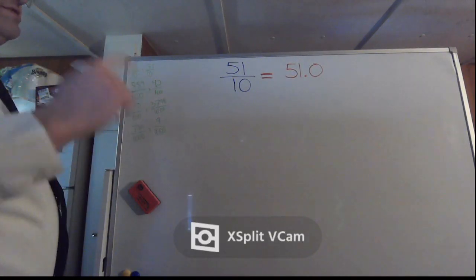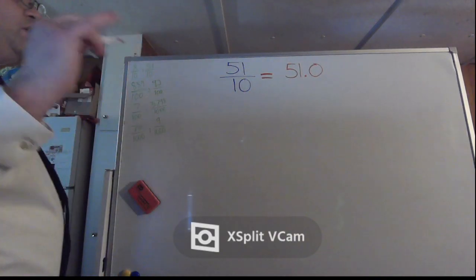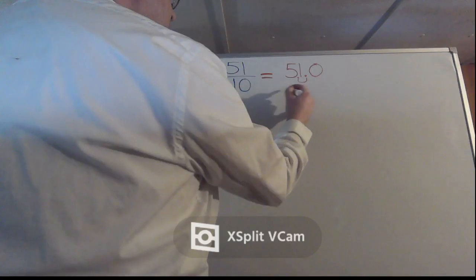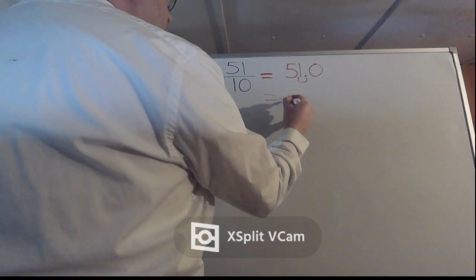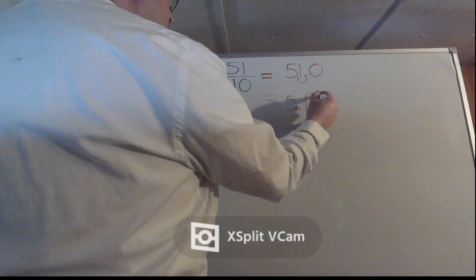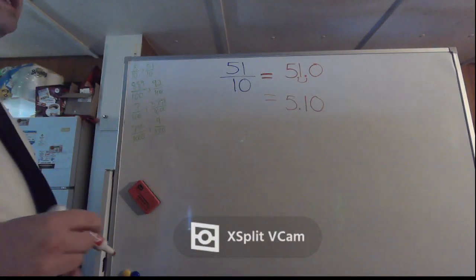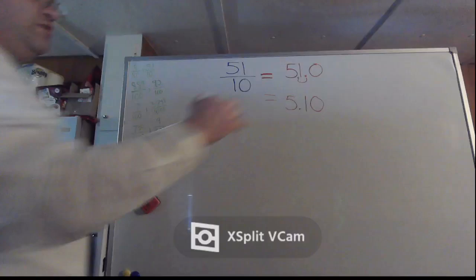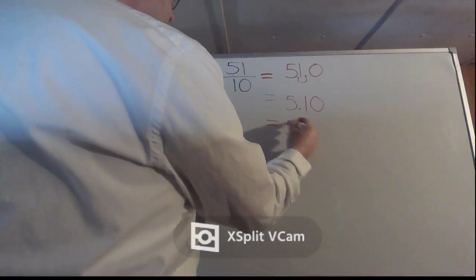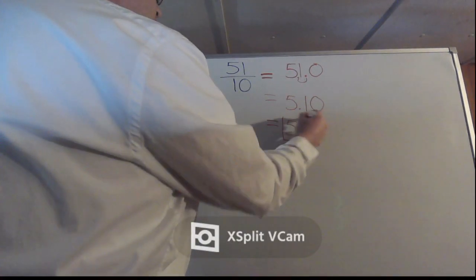And how many zeros do you count in the denominator? You only count 1. So you only got to take the decimal place, move it one place to the left. So your answer is going to be 5.10. But we also see that we have an unnecessary 0 in the hundredths place. So we can just write 5.1. We can truncate that 0 out of there, and you'll get 5.1 as your answer.